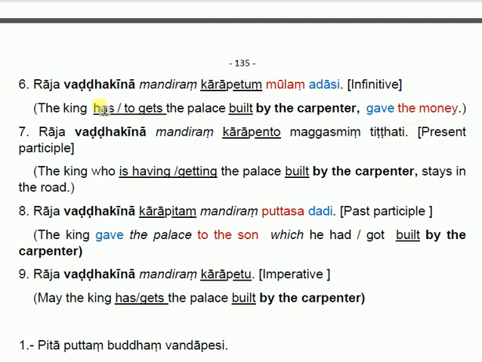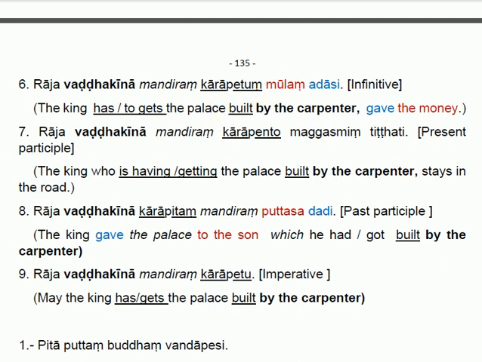So Raja, the king, Vaddakina, by the carpenter, mandirang, the palace, karapetum, to get built, mulang, the money, adasi. Okay, in here these causative verbs change into causative infinitive.